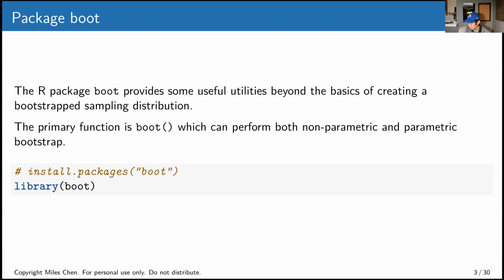The primary function that the package boot provides is boot, and it can be used to perform both non-parametric and parametric bootstrap. Today we'll look mostly just at non-parametric bootstrap. You just load it up by calling library(boot). If you don't have it already installed on your computer, you can do install.packages("boot"), but that's how it works.